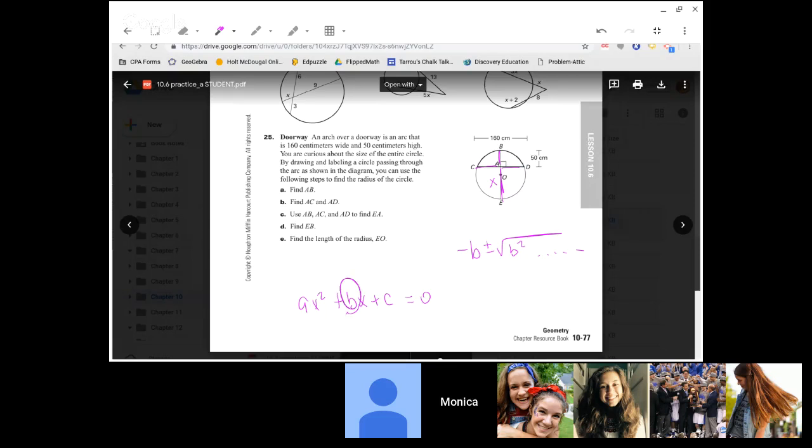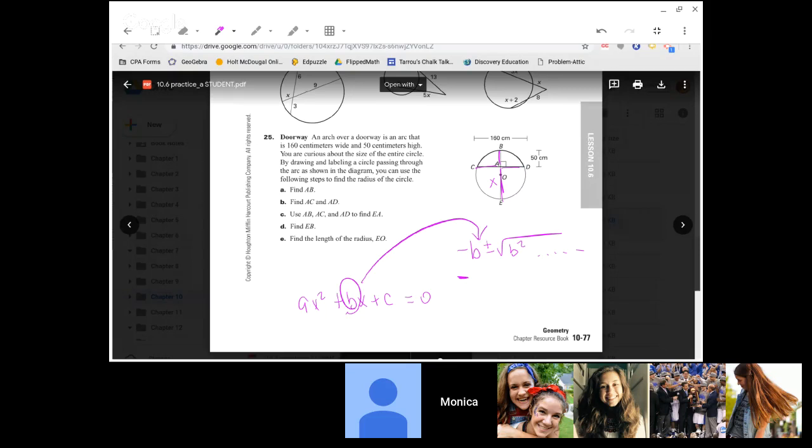So if your b in your equation, when it's in that form, is positive, then you're saying, my formula is negative b, so I'm just going to put that number in.